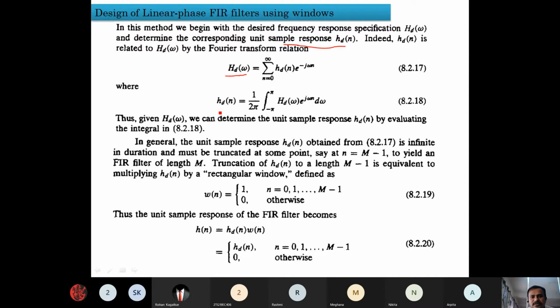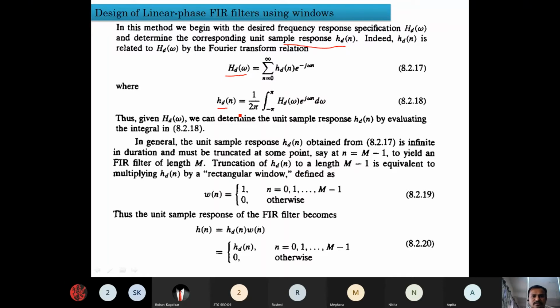And the unit sample response, by using the inverse Fourier transform, is HD of n equals 1 by 2 pi times the integral from minus pi to pi of HD of omega e to the power j omega n d omega.